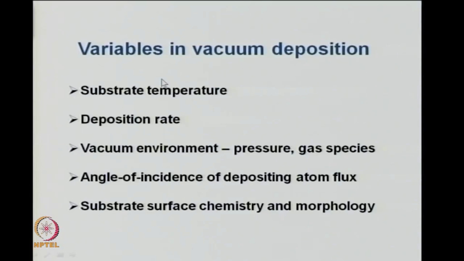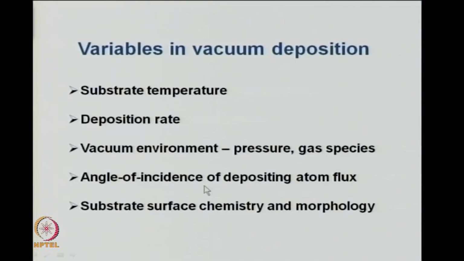So, the variables in this technique of evaporation or vacuum deposition are the substrate temperature, the deposition rate, the environment inside the chamber, that is the pressure and which gas you are using, and the angle of incidence of the depositing atom flux.